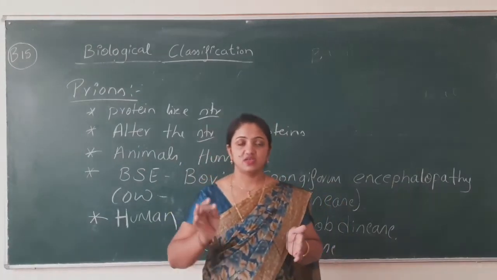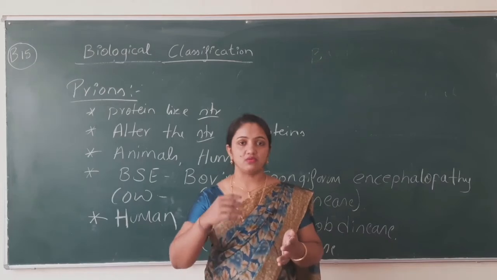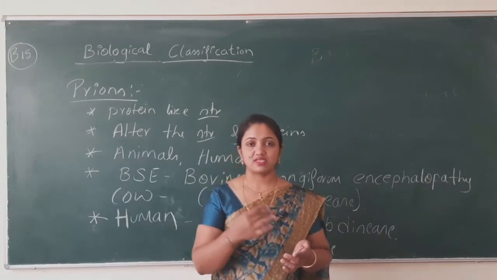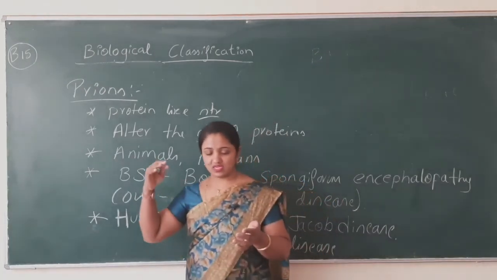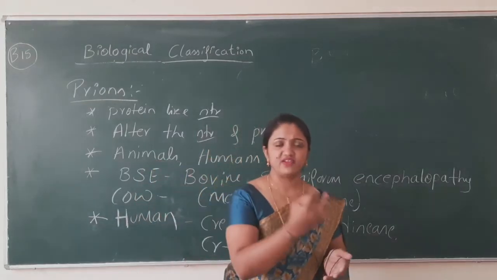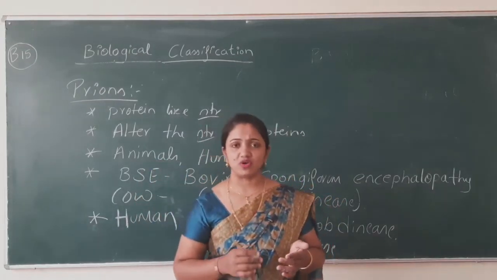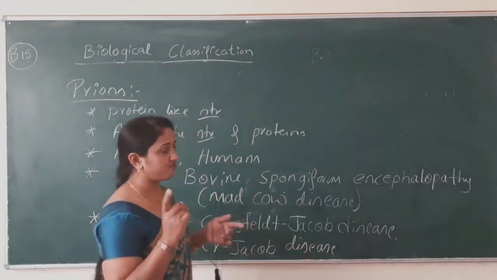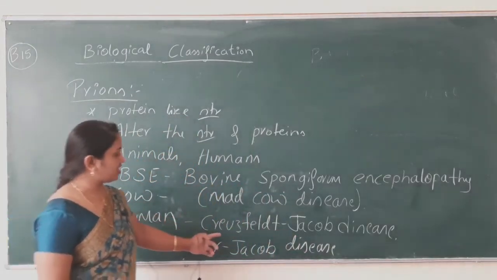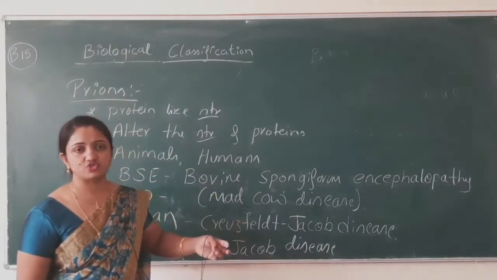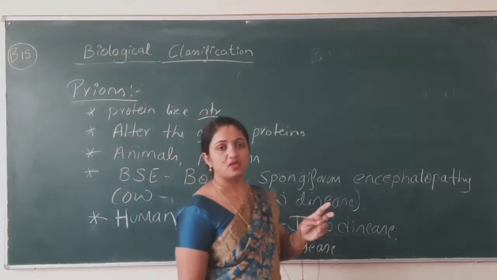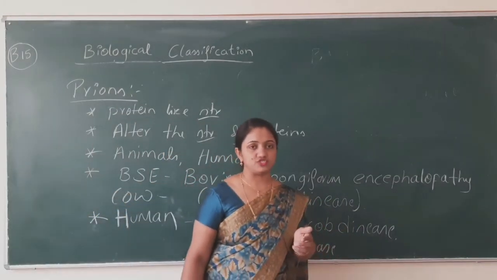These agents, through the meat or through the saliva or through any media, if they enter inside the human body, firstly it will infect the brain tissue, spinal cord or eye tissue.